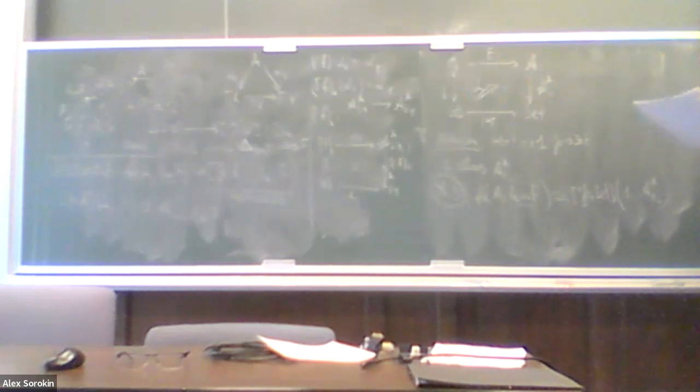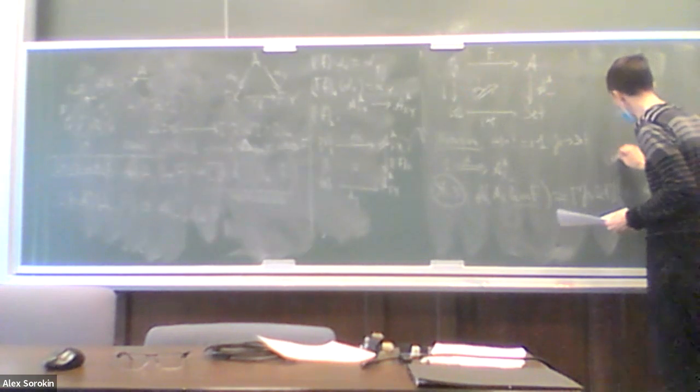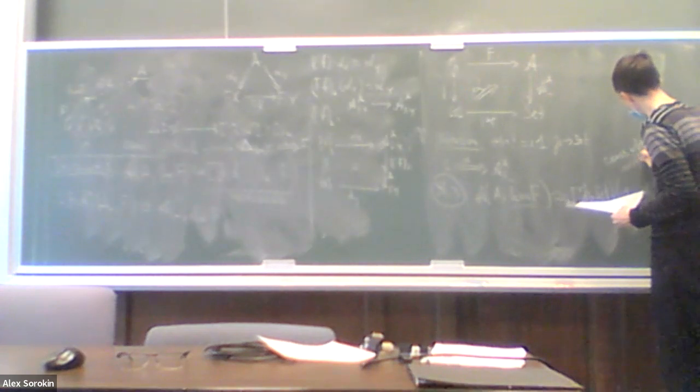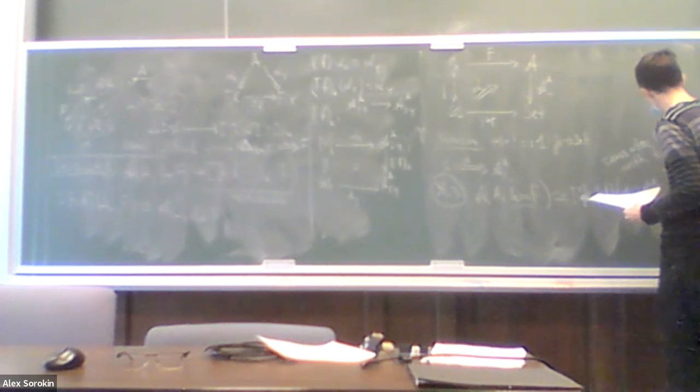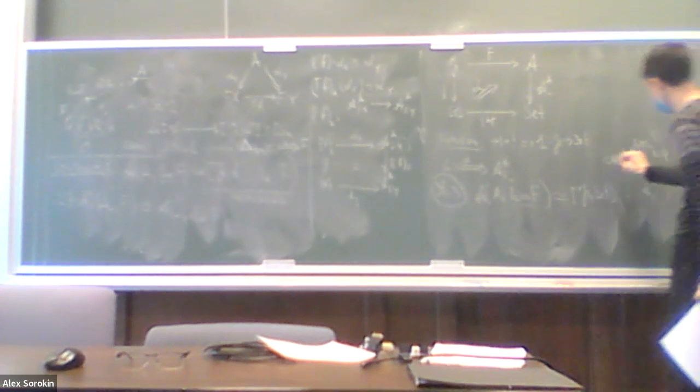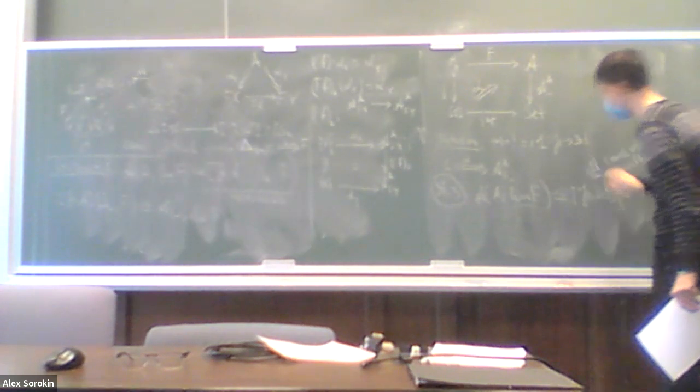Of course, it's isomorphic to this guy. So this way or that way. I will even write this as cones over F with tip A. I will even write all cones.